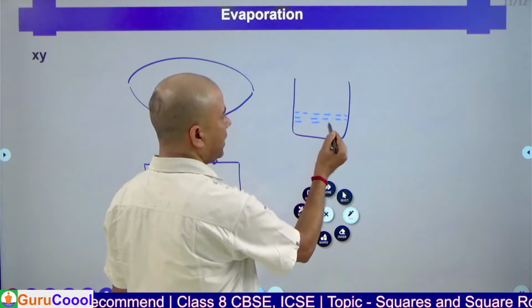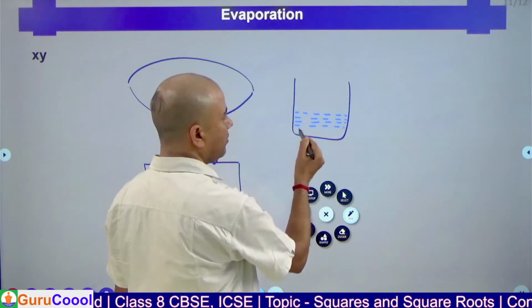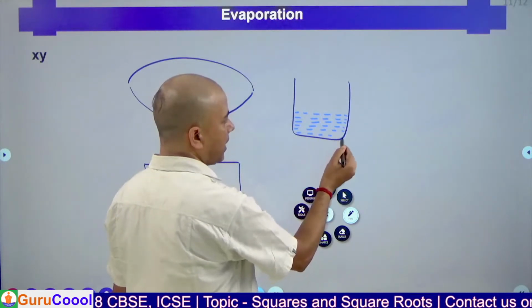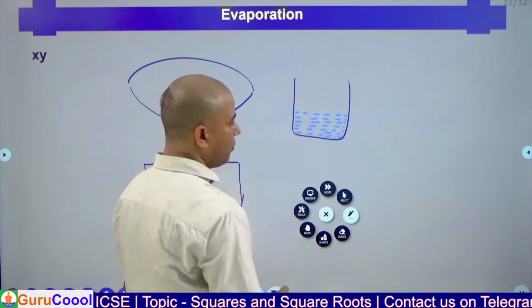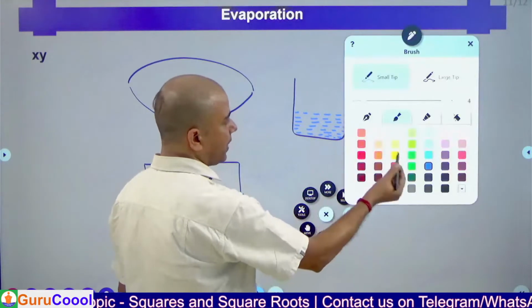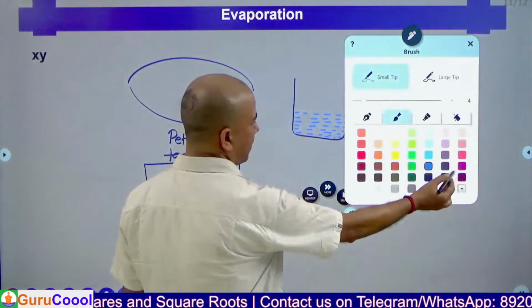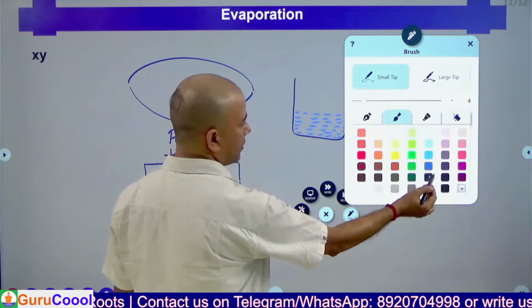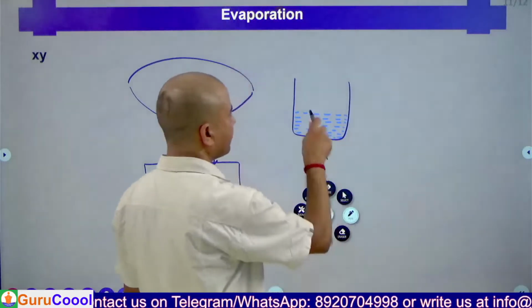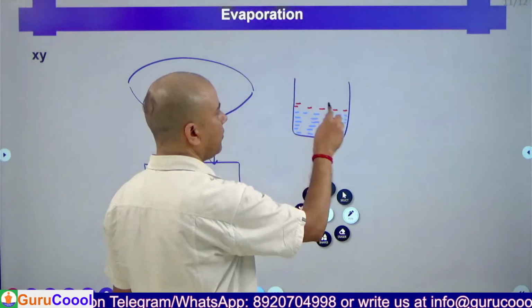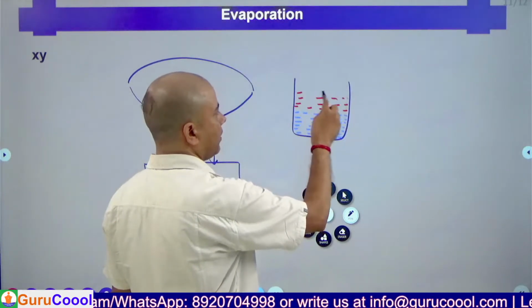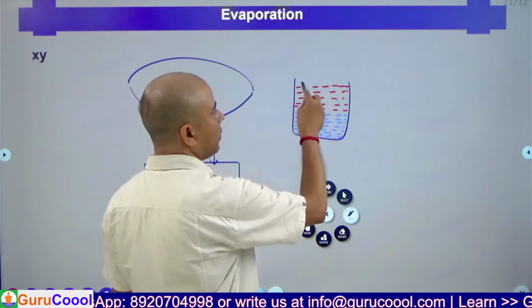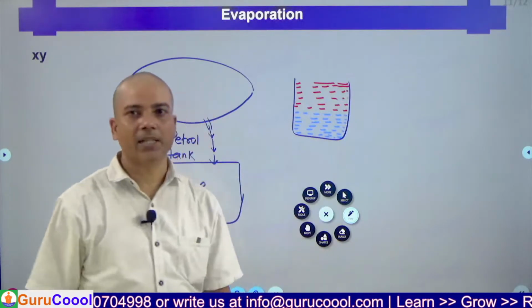Water will be in the bottom because of being at higher density. Density of water is more than petrol. Petrol remains on the top of water because density of petrol is lesser than density of water.